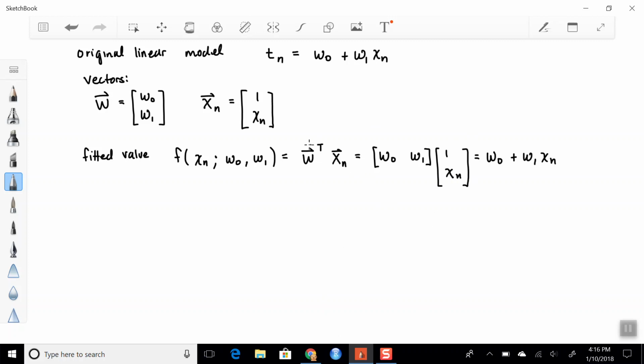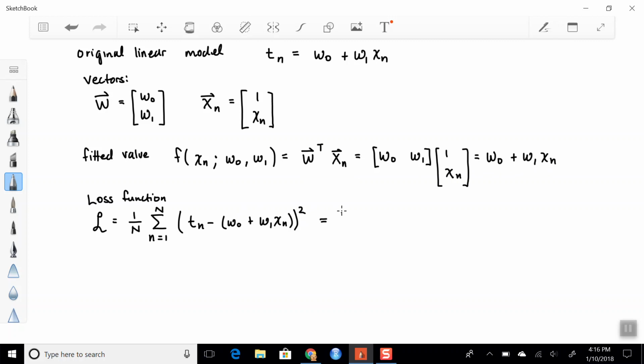Okay, so now we can use this to replace anything that we used to have. So what we had was our loss function written as L is equal to 1 over n times the sum of t sub n minus the quantity w0 plus w1 xn quantity squared from n equals 1 to capital N. And now we can just say, well, we can replace this with this.